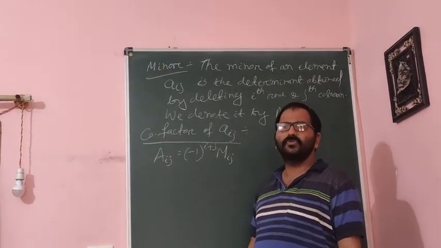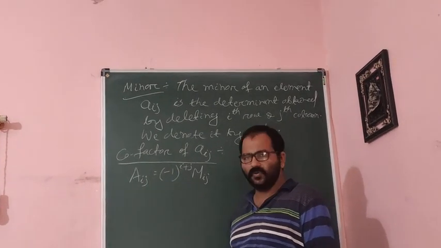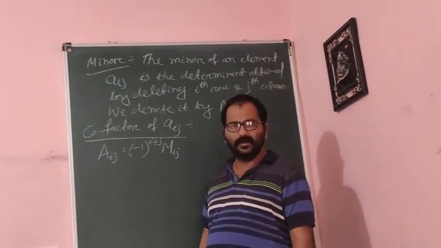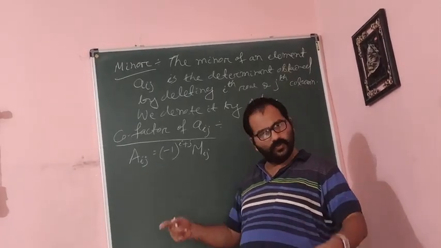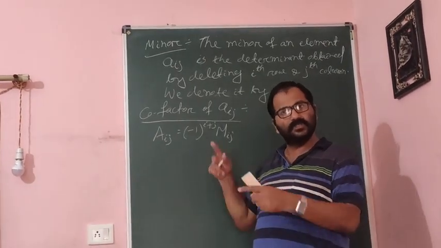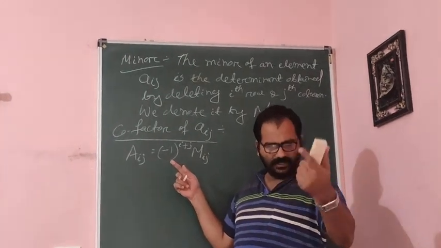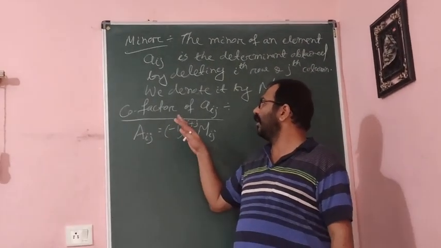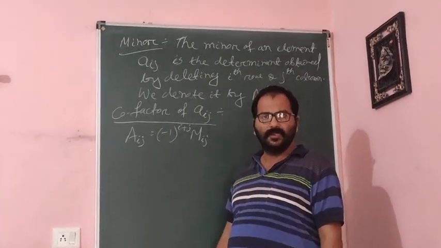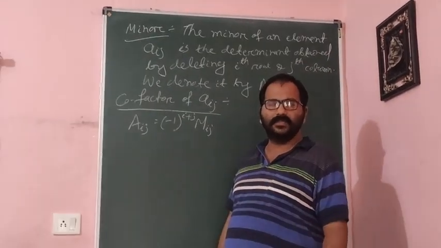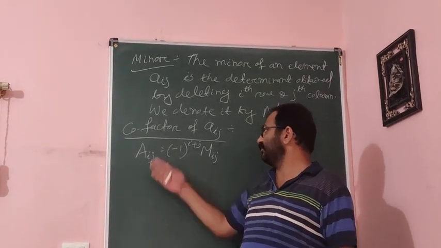But why will you read this minor and cofactor? Because in the expansion of a determinant, these are required. I have not discussed in my previous class how we can find the determinant of a matrix by using minor and cofactor.